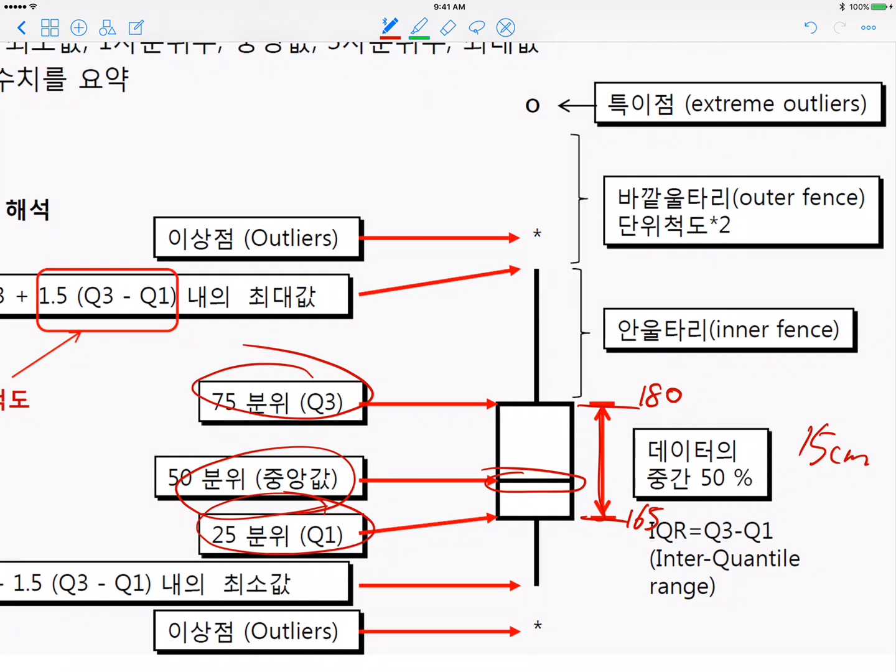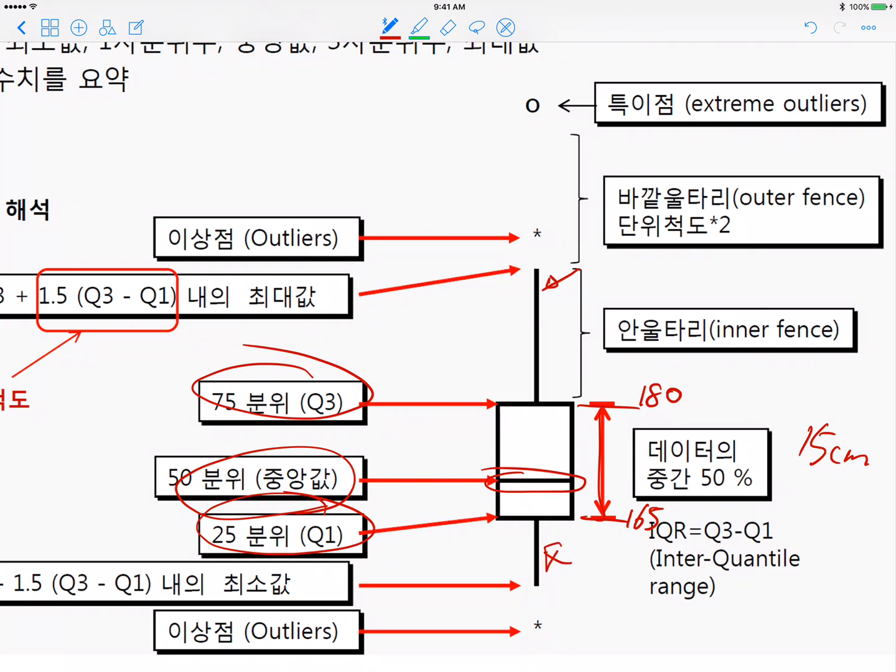This 15 centimeters is called the interquartile range. So approximately 50% of people fall in this range of height. That is what this means.